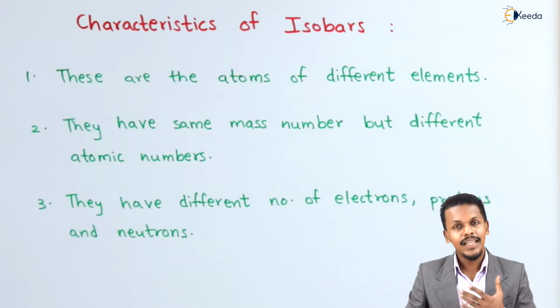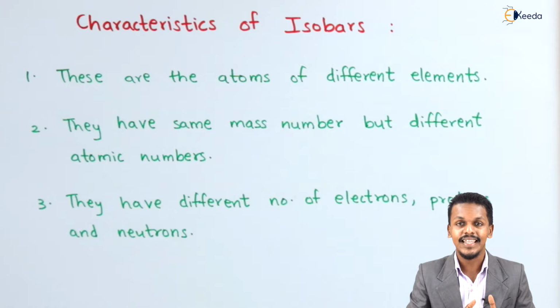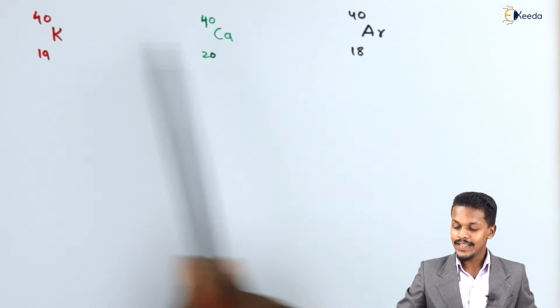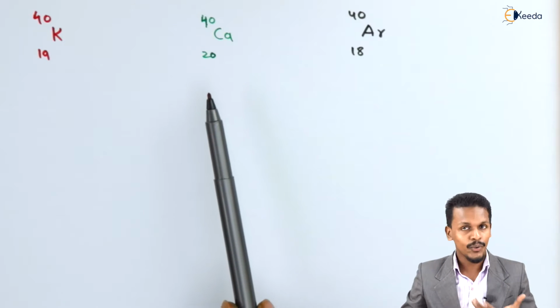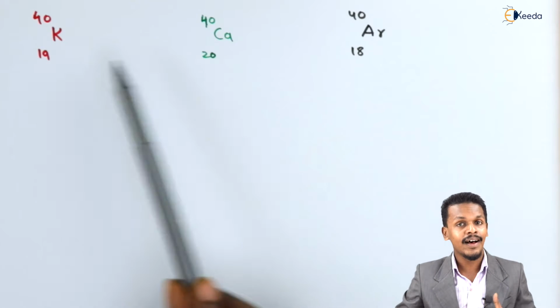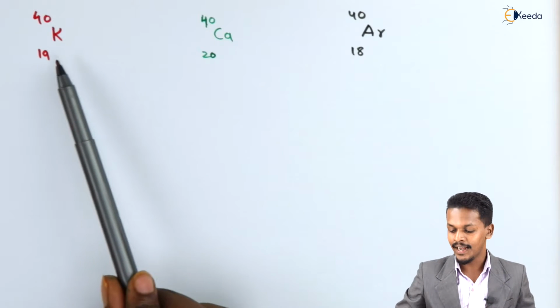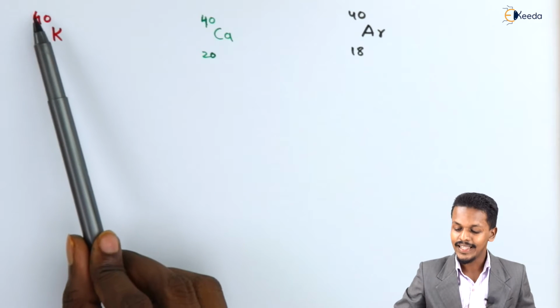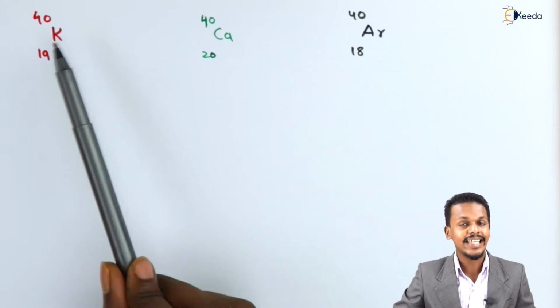So let me talk about this point and see how isobars are different from isotopes. Friends, these are the three examples we are going to discuss. These are all different elements, potassium, calcium and argon, but there is a similarity: you can find the same atomic mass number in each case.